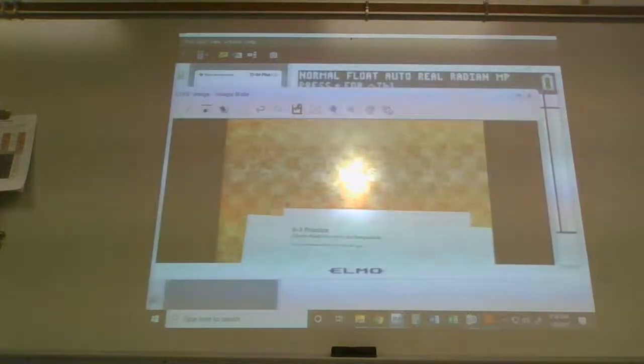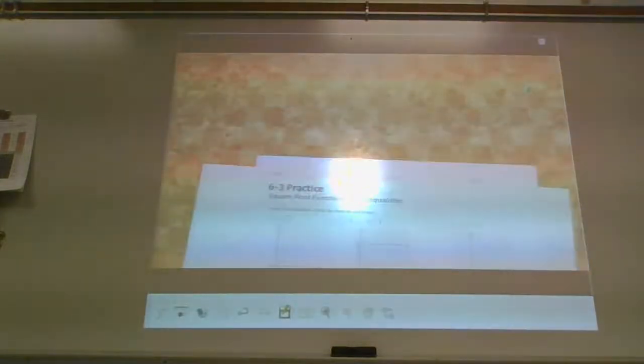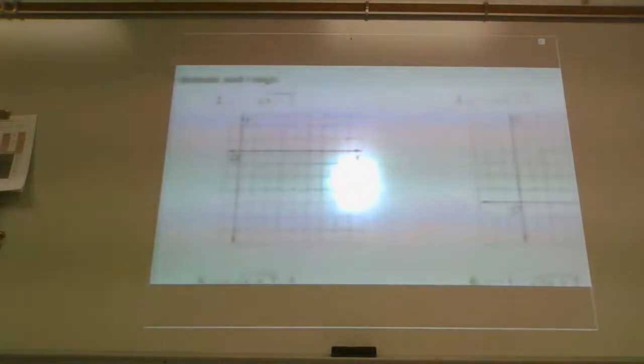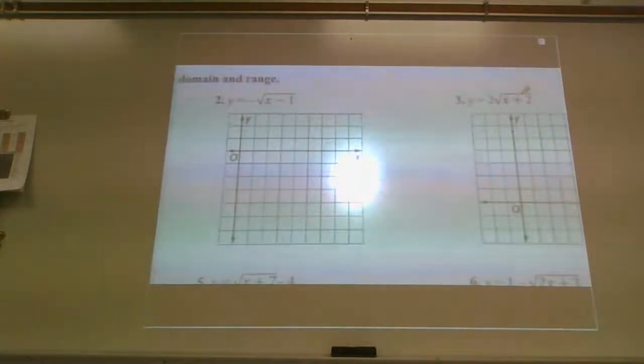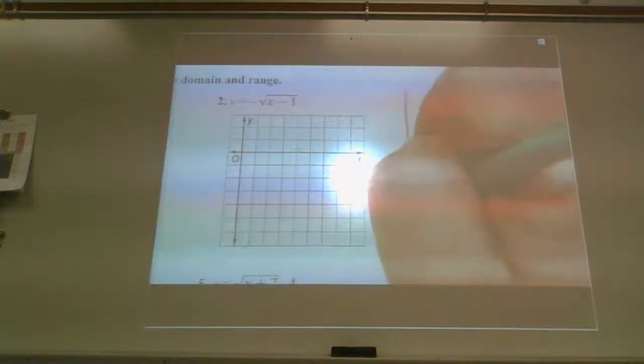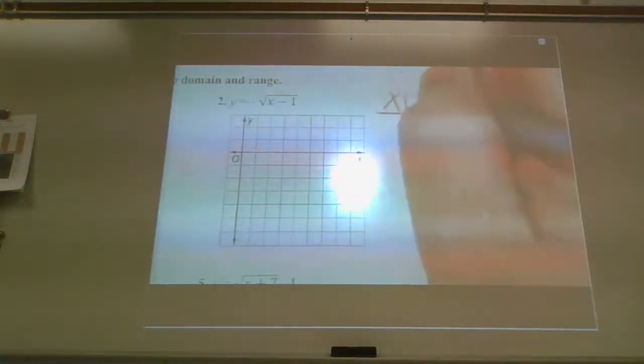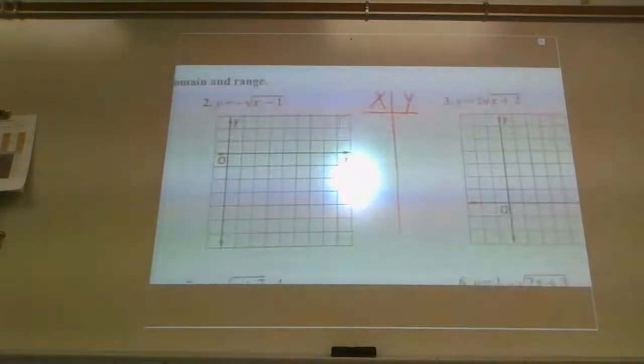There it is. Zooming in. I'm going to ask that you create a little table of values off to the side like this.